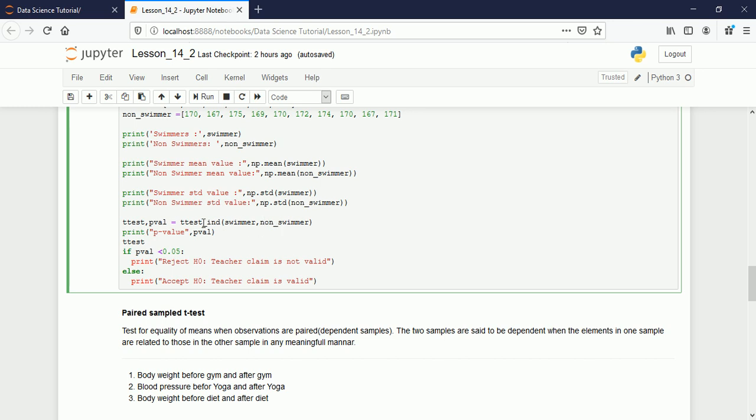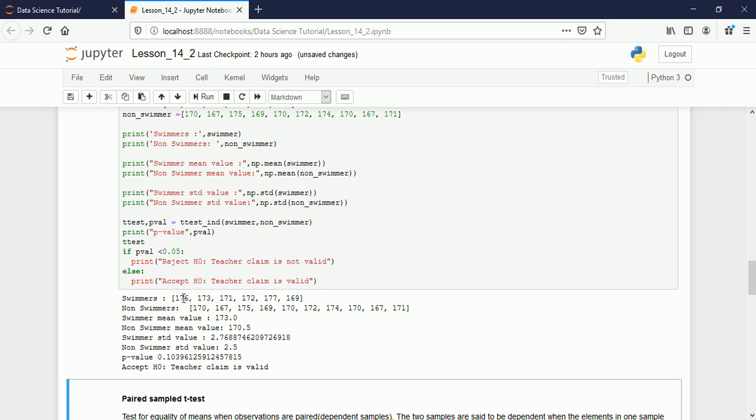It returns two values, one is the p value and one is the interval. We require the p value, because we have to compare it with this significance level, which is 0.05. If it is less than this, we reject that. If it is greater than that, this condition is false, and we will accept the null hypothesis. Let us run and see.